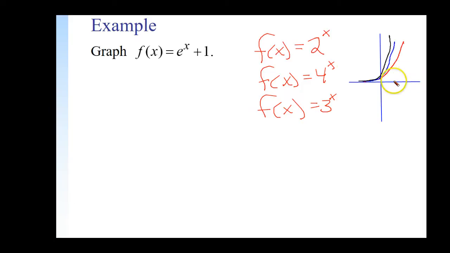And as a quick review, this one, 2, was the red line. As it went to 3, that was the blue line. It went closer to your y-axis here. That's the y. And then 4 went there.